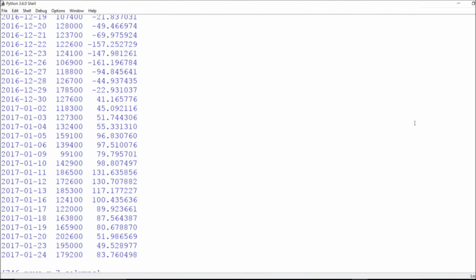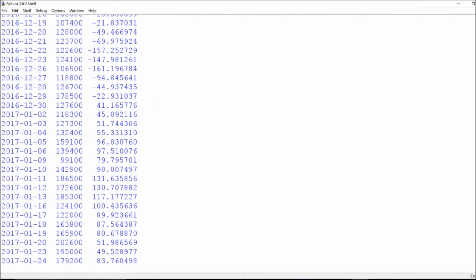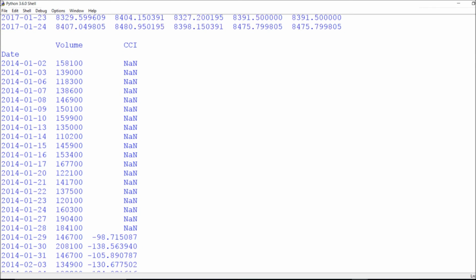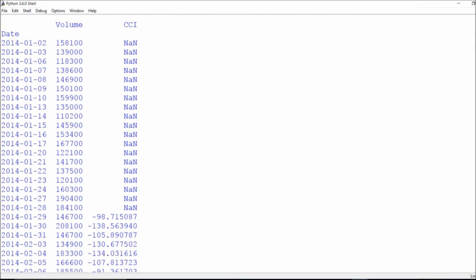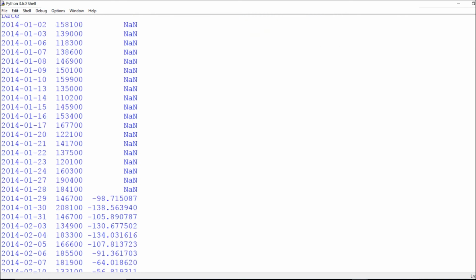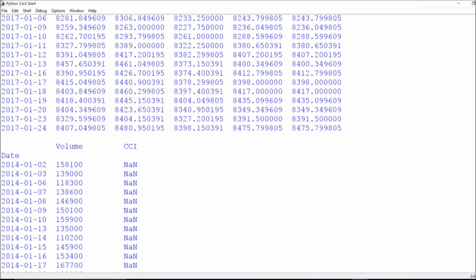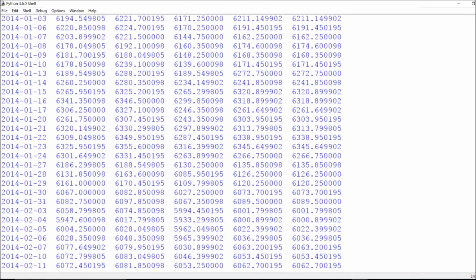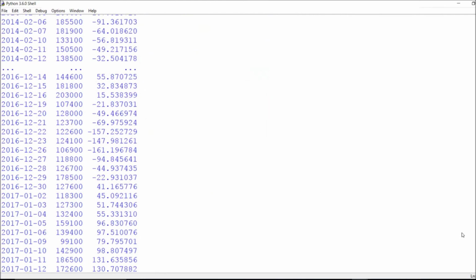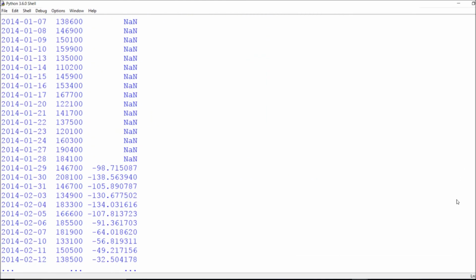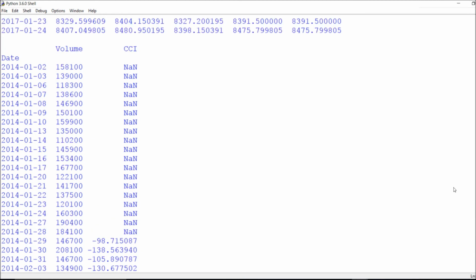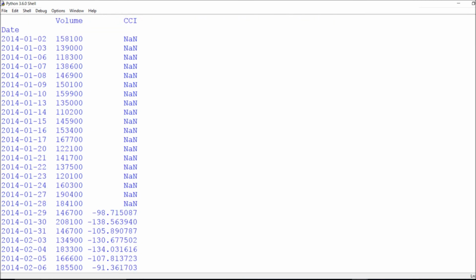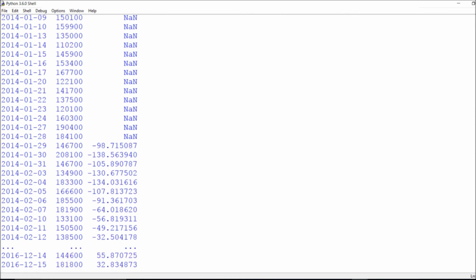So exactly what I am talking about is plus 100 and minus 100. As you can see, after 20 days of this value, I am considering the volume factor and all those things, open, high, low, close and everything, and I find out this commodity channel index after 20 days, which is based on the mean and standard deviation.